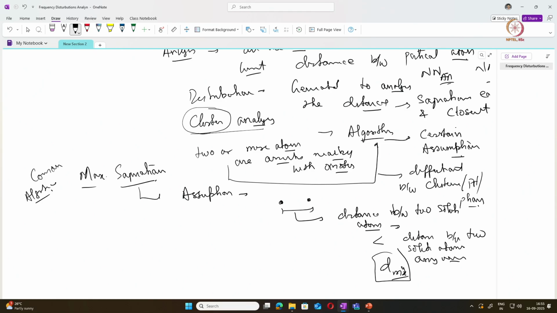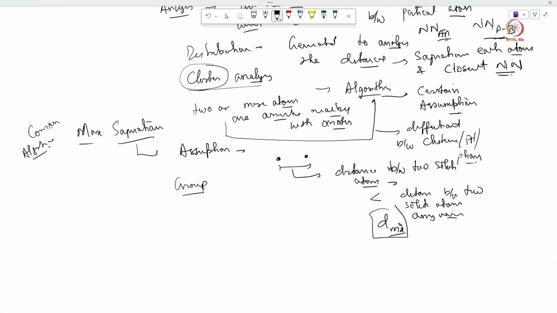It means that the algorithm will group together the atoms that are separated by less than D max.